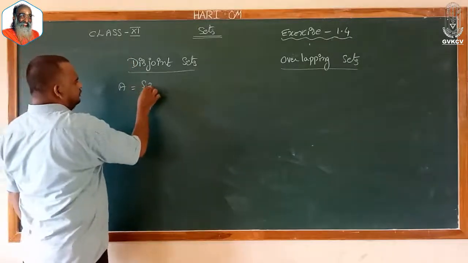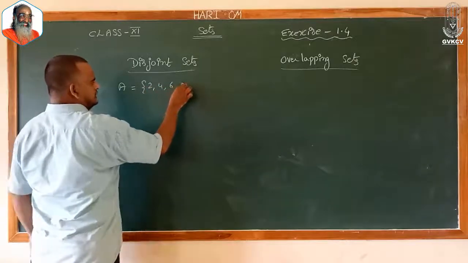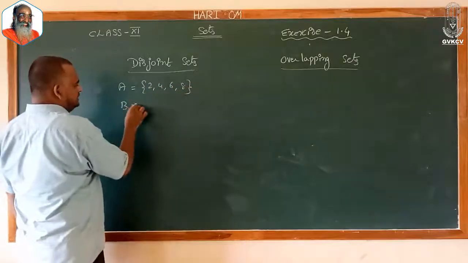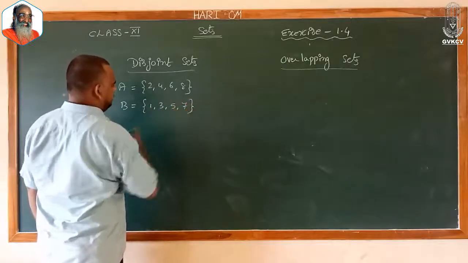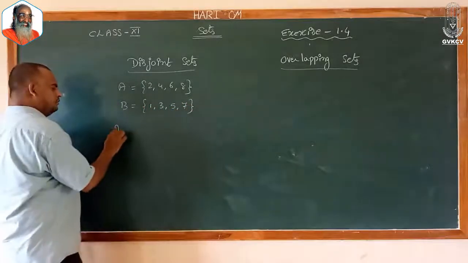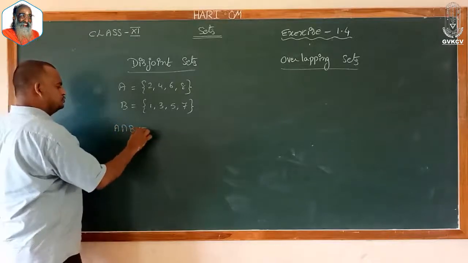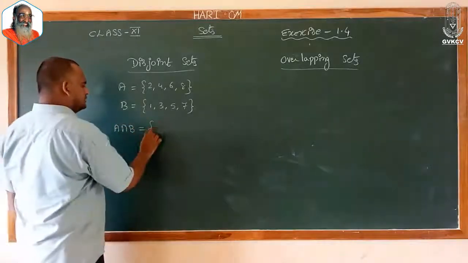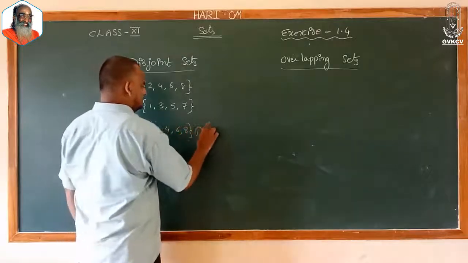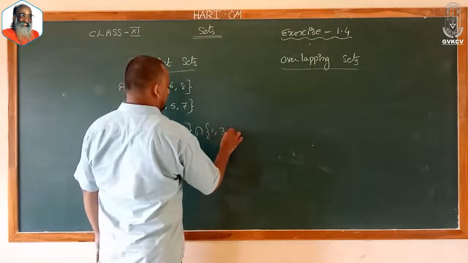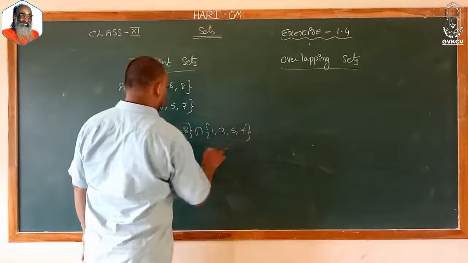Set A is equal to 2, 4, 6, 8. Set B is equal to 1, 3, 5, 7. Now what about the intersection of these two sets? A intersection B, 2, 4, 6, 8 intersection 1, 3, 5, 7.